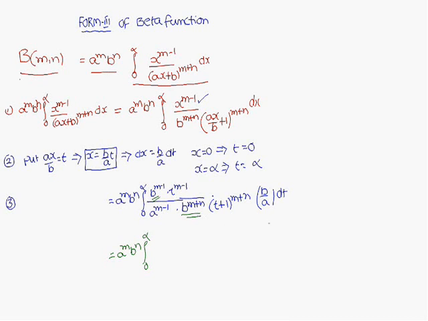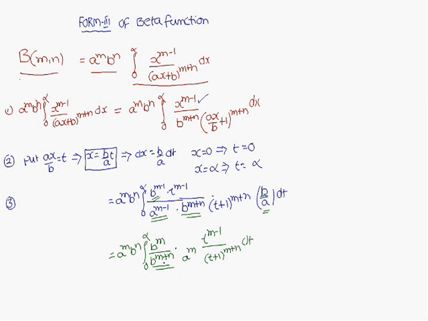Here it is b, so b^(m-1) and b give b^m. So b^m by the denominator b^(m+n). Next, you come across a: you have a^(m-1) and a, so what you are left with is a^m. Next, t^(m-1) by (t+1)^(m+n) dt.